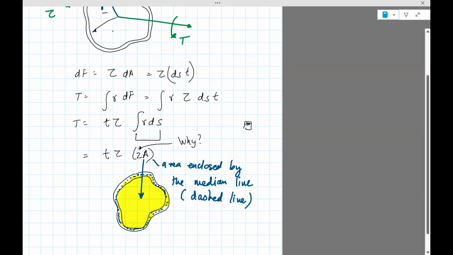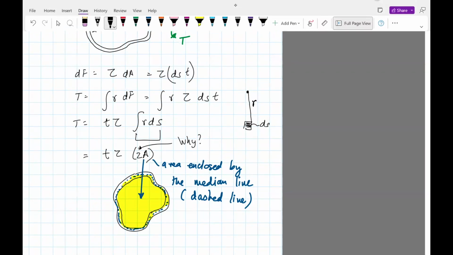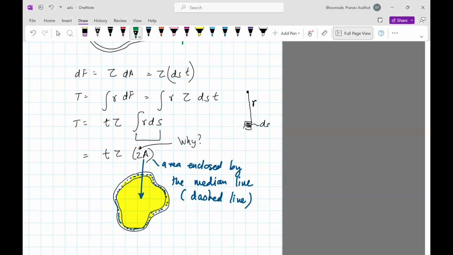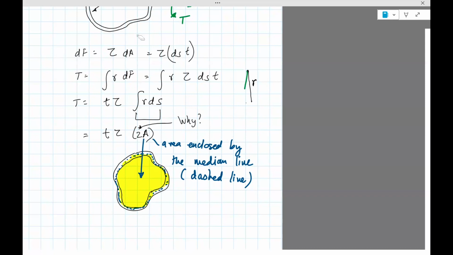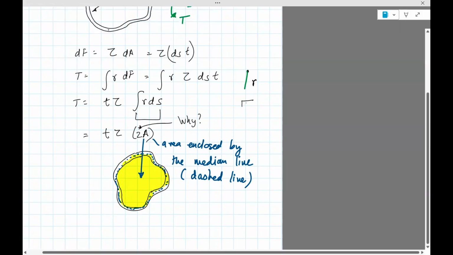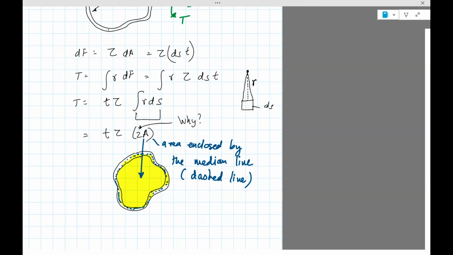If you have an element, let's call that ds, and this is r. Now we want this area.